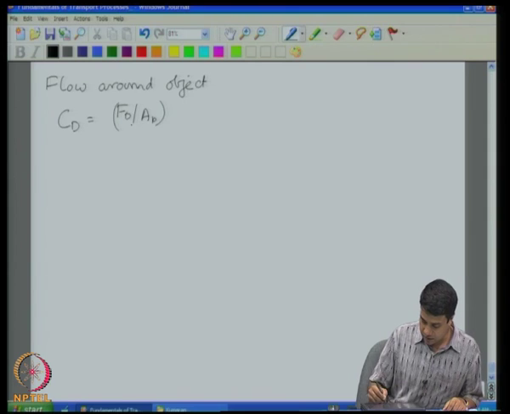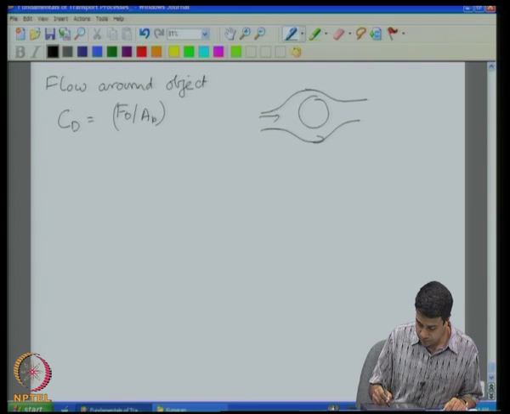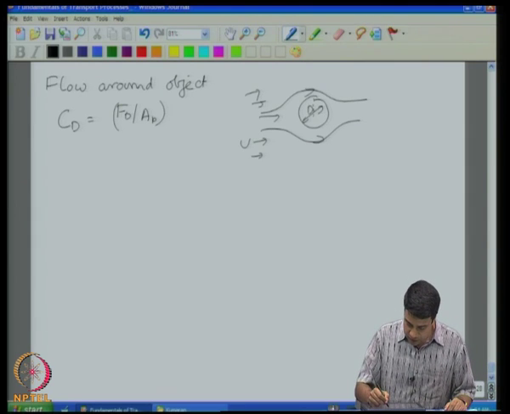So, if I have a sphere and there is a velocity going around the sphere with free stream velocity u and sphere diameter d, the projected area is the area perpendicular to the velocity vector.